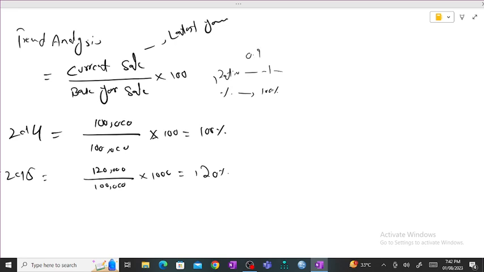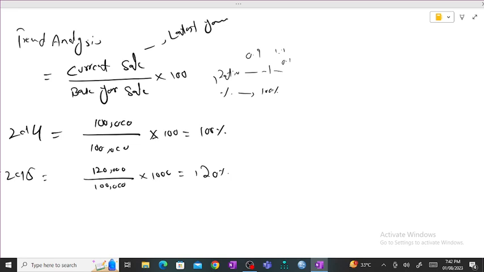Whenever the value is close to 1, or let's say the value is like 0.9, what will we say? That the ratio of the sale is less as compared to the base year. We are making a comparison between 0.9 and 1. If the value we have is, let's say, 1.1, then we will say that sale has increased by 10% as compared to the last year.